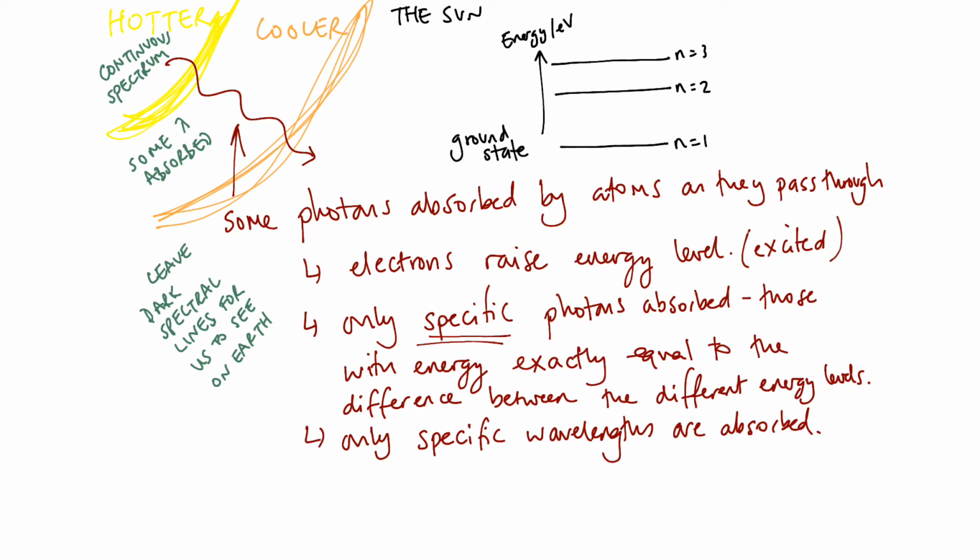But as the photons pass through, the electrons absorb the energy and move up to a different transition level that's exact, and then those electrons do move down again. But the reason that we get the black line is because the light that's coming straight through is going straight to Earth.